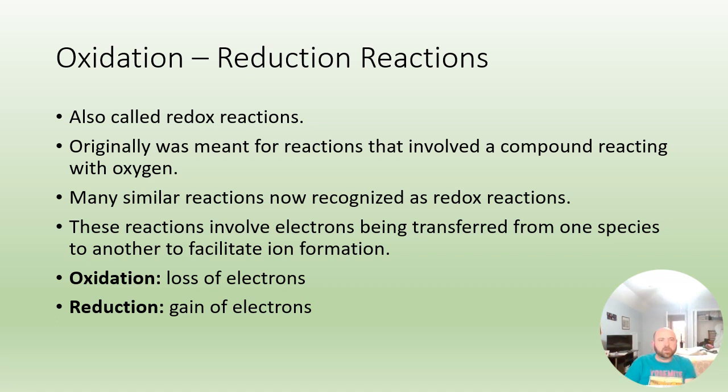And so the terms oxidation and reduction actually have meaningful definitions for this type of reaction. When we say something undergoes oxidation, that means it has lost electrons to another atom or compound. And when something undergoes reduction, that means it has gained some electrons from somewhere.